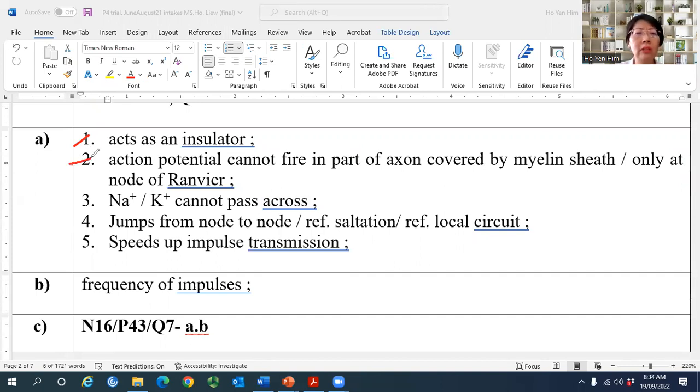Action potential cannot fire in the part of the axon that's covered by myelin sheath. Action potential can only fire at the node of Ranvier. The reason is that the part of the axon covered by the myelin sheath doesn't allow sodium and potassium to pass across the membrane.